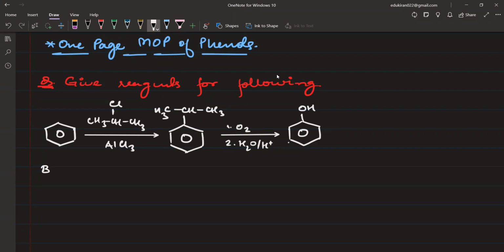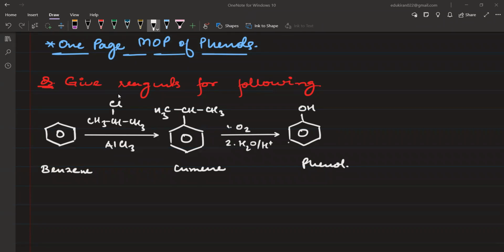Okay, so you can also get a conversion. How will you convert from benzene to cumene to phenol? Because of AlCl3, that Cl is getting removed.